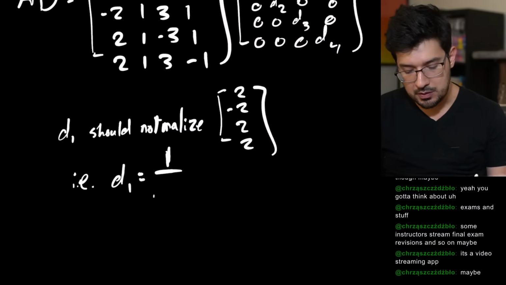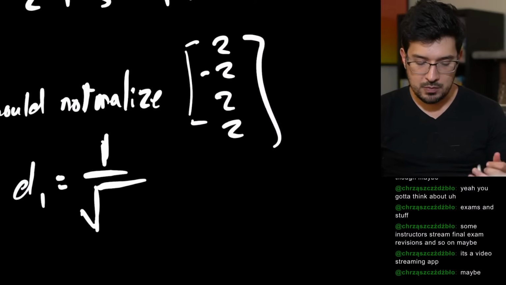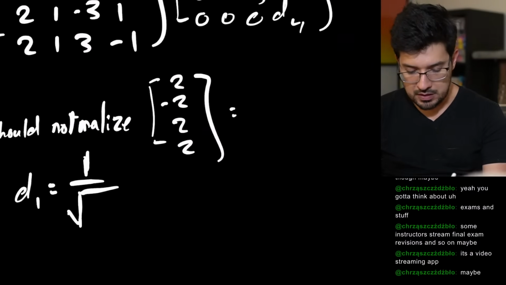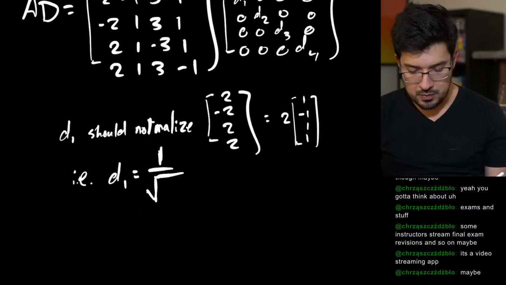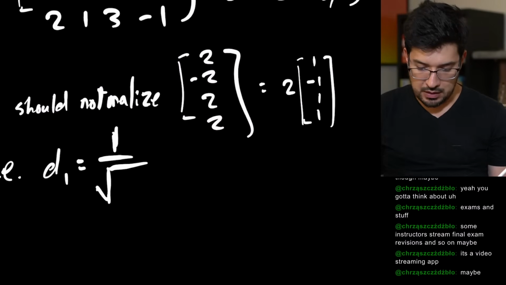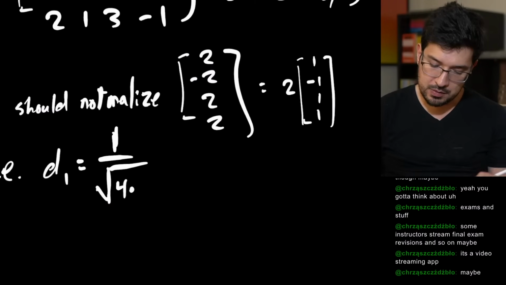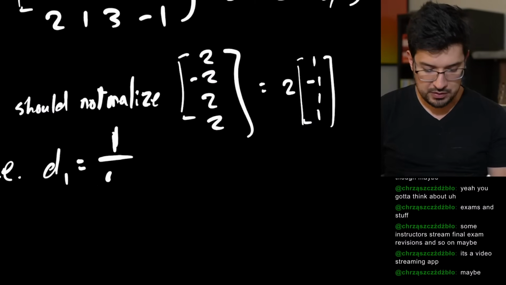So it's the square root of the dot product of that vector with itself. This is the same as 2 times 1, negative 1, 1, 1. The square root of 4 times 1, 2, 3, 4. So that is 4. So d1 is 1/4.